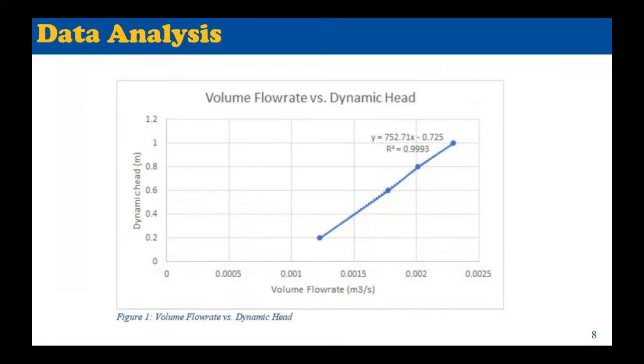So we have collected all the data. Now you have to do your calculation using the equation that we showed you at the beginning. Find your dynamic head, taking the difference from your Pitot tube data, and you calculate the flow rate. Now you plot dynamic head with your flow rate, and you will get one plot.